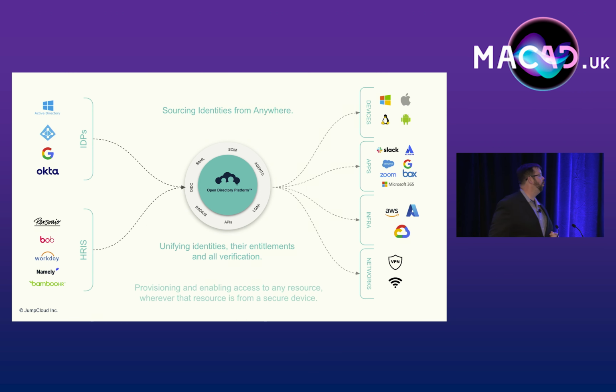And then from there, we're there to push them back out to devices, to apps, to infrastructure like Amazon, and to networks like RADIUS-backed access control. So JumpCloud's there to be your open directory platform for the future. And so we're here to take identities from anywhere and take them to everywhere you use them.